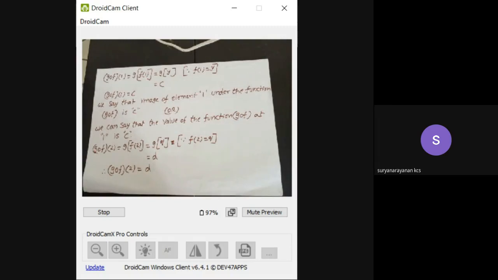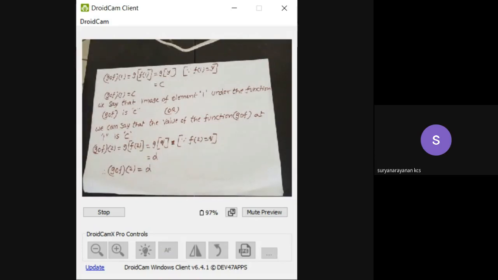Some students take 5 minutes, some students may take 10 minutes, and some students may take 30 minutes to understand how to read the notation and the meaning of that line. But you should be patient. Patience is very important in the learning process.